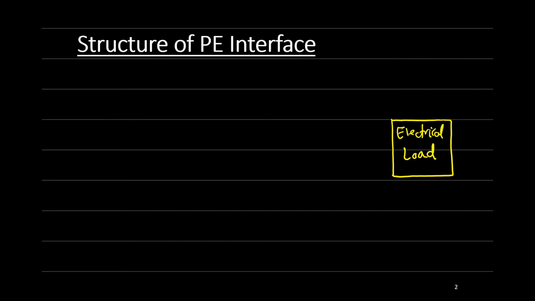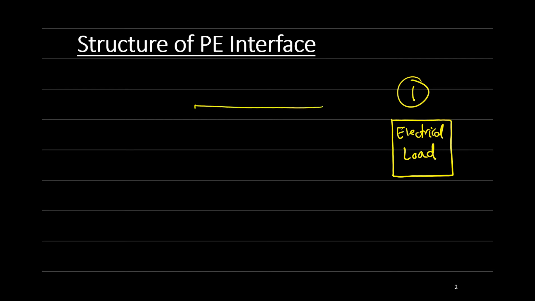In power electronic systems, in my opinion, the load is much more important than any part of the system. It's more important than the converter itself, more important than the power source, and also more important than the controller. So this is number one.